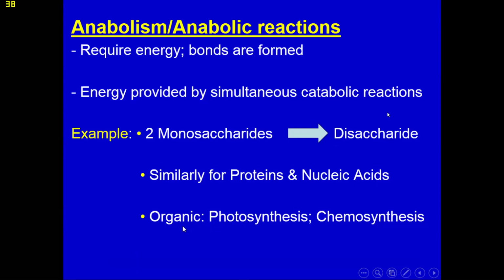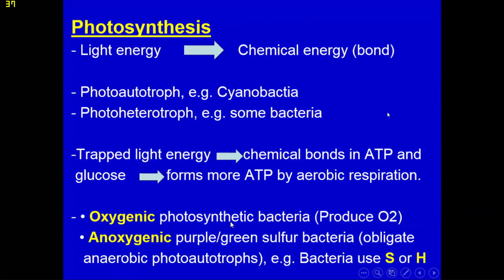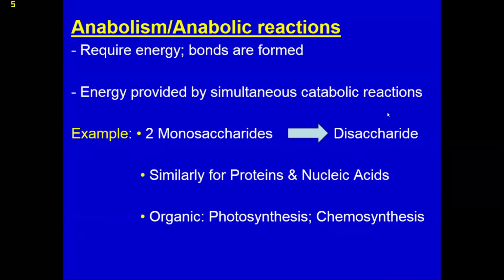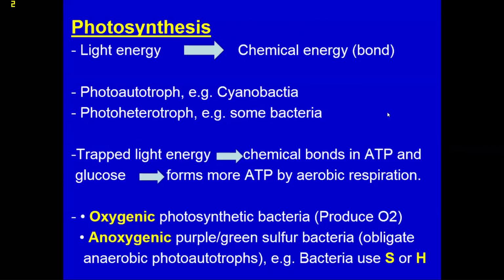Now this organic photosynthesis, for example, photosynthetic material, and chemosynthesis is exactly also can do anabolism. Chemosynthesis either by light or by chemicals. Let us start with photosynthesis.